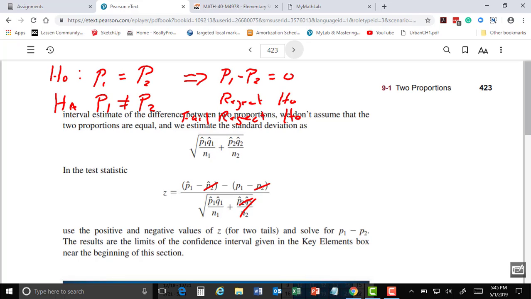If we go back, you'll see it's P1 hat, the difference from what we think it is, what we believe God's truth to be, it is P hat minus P1, divided by the deviation, which is the square root of P1 Q1 over N1. But now, because we have 2, we have to bring that into account. And here we have our test statistic. Now, remember that if you actually did the distribution of the differences, it would look like this.